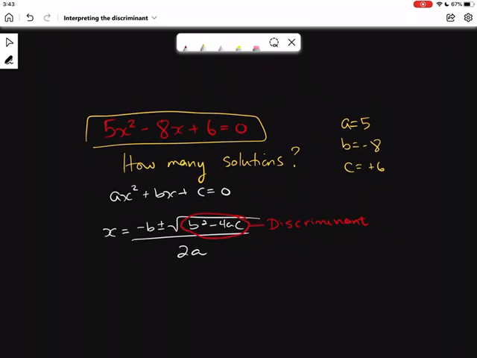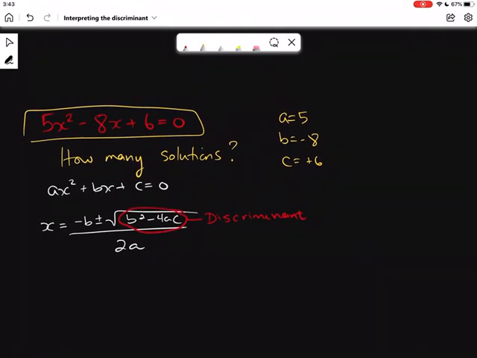If I just focus on b squared minus 4ac, I would have negative 8 all squared minus 4 times 5 times 6. That means I would get 64 take away 120. When I take away 120 from 64, I get negative 56.